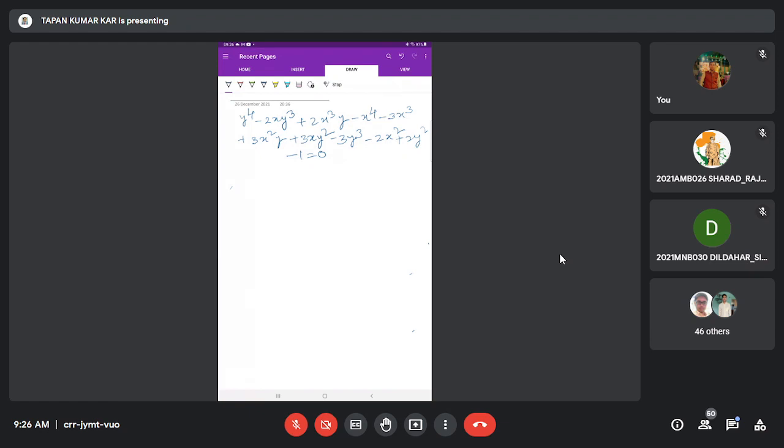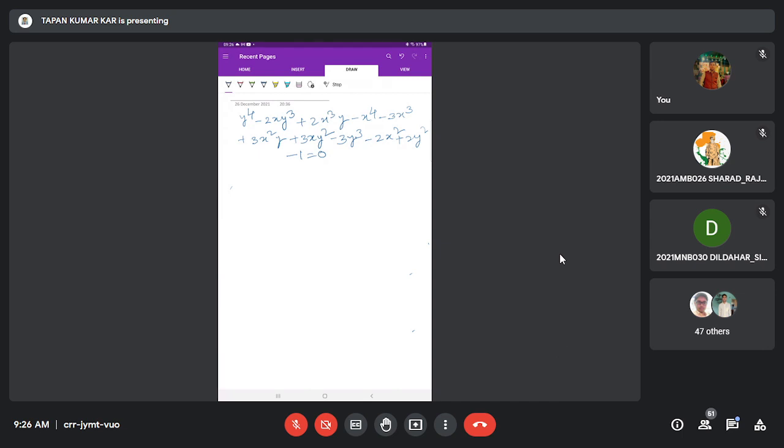It is a 4-degree equation, and look at this, both y to the power 4 and x to the power 4 are present. When I discussed asymptotes, I told you that for a cubic equation, if y cube is not present, then there are asymptotes parallel to the y axis.